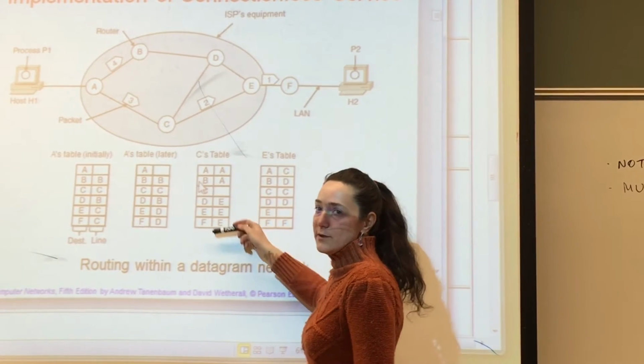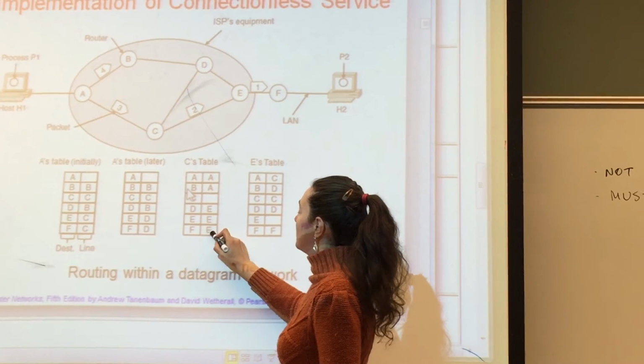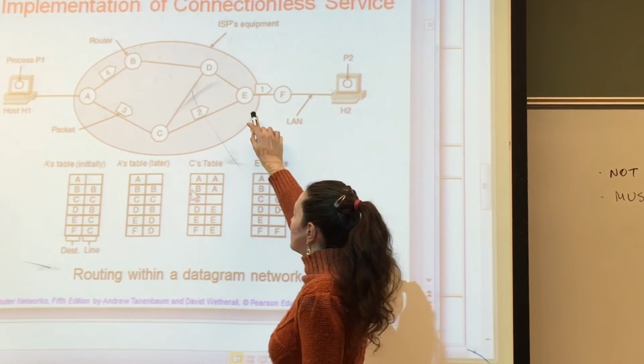It will look in its routing table. Destination is F, so output this on line E. So it will output this on the line to router E.